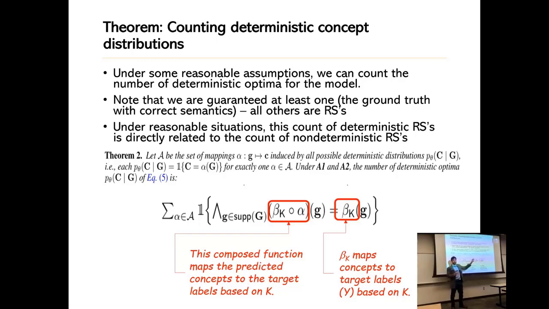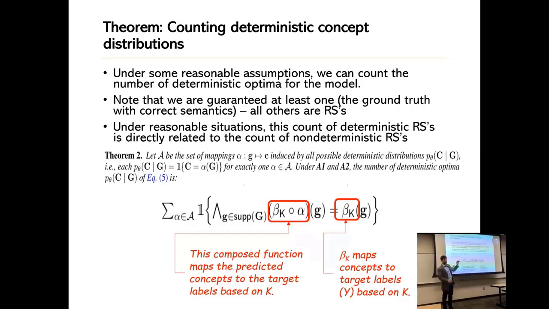But this doesn't mean for the result of gradient descent that there's only one solution, because there could be multiple assignments of weights that can lead to the ground truth solution. Also, this particular result is for the deterministic case, which is also a simplification. They do include another theorem that builds on the non-deterministic case based off of this. But I'm just going to keep talking about the deterministic case to keep it simple.